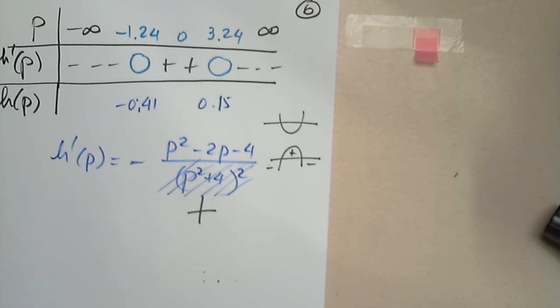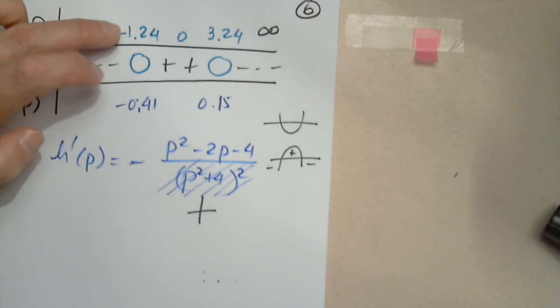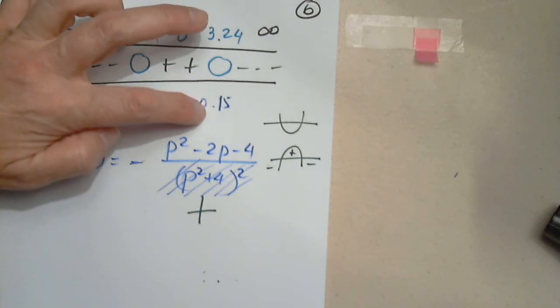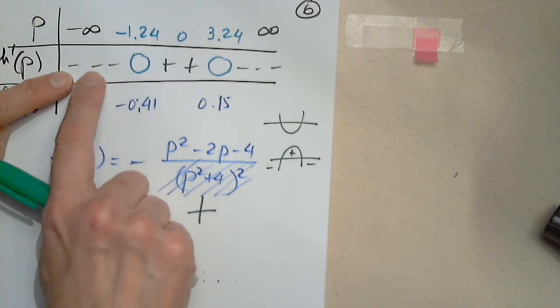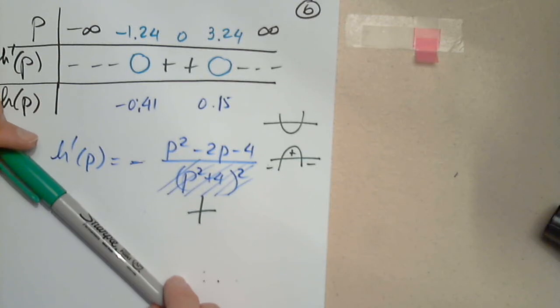Okay, so now what I would like to analyze is this. Stop me if you have questions. Yes, Jed, you had a question? Anyone? I just want to establish what this point represents and this point represents. Look at the derivative. The derivative is negative.